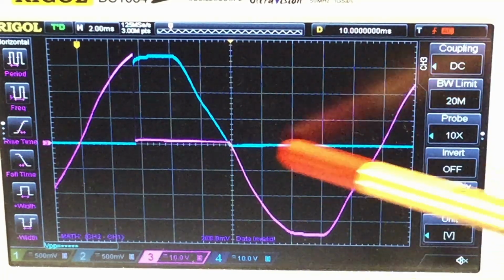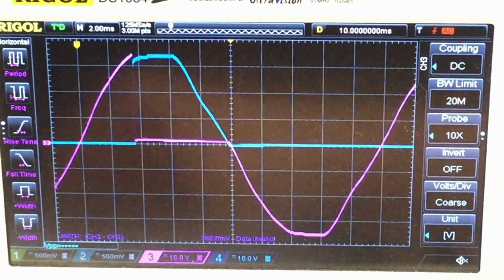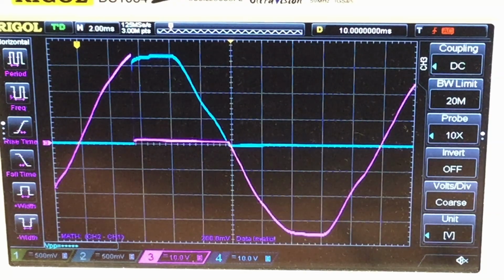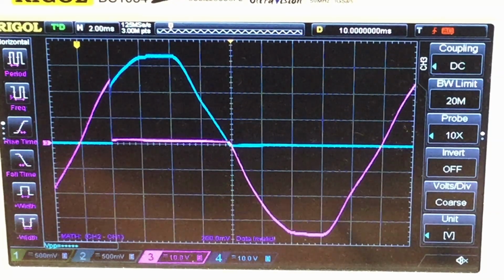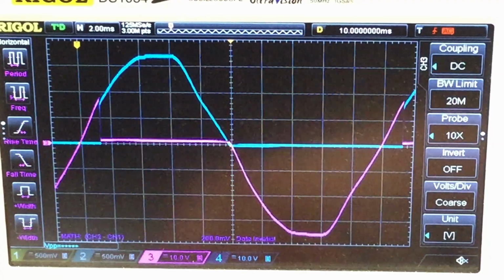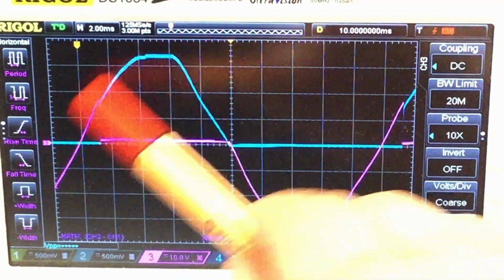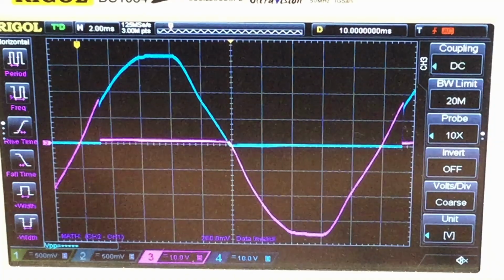No current is going through my light bulb. If I turn a little bit further, I can switch on more and more of the half wave, okay?